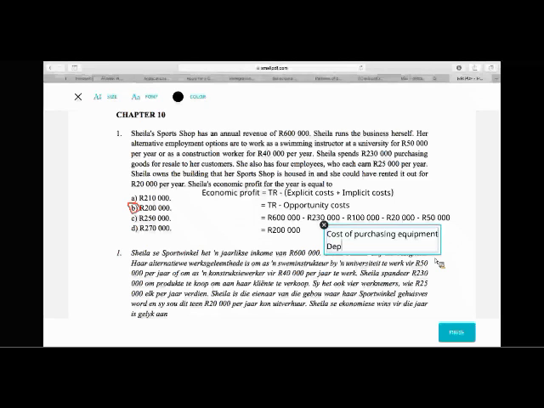What you would subtract is the depreciation on that equipment, which would be the market price paid less the current market price. So if we told you that the individual bought the equipment for 200,000 Rand, and at the end of the year they could have sold it for 170,000 Rand, that means depreciation would be 30,000 Rand.